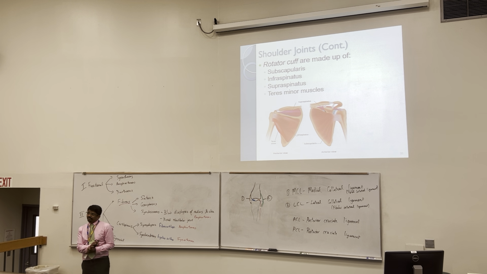But recognize there are 4 muscles that form our rotator cuff, right? So the names: supraspinatus, infraspinatus, subscapularis, and teres minor.